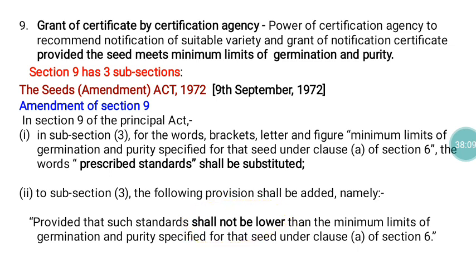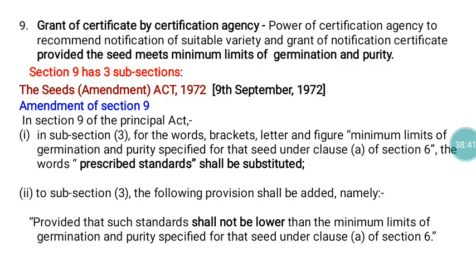I want to recollect this. Originally this was available in section 9, and it was somewhat confusing. So in order to avoid confusion, they decided to leave all that matter and give the words "prescribed standard" alone. Again, in order to check misinterpretation of the standard, they included that it shall not be lower than the minimal limits.